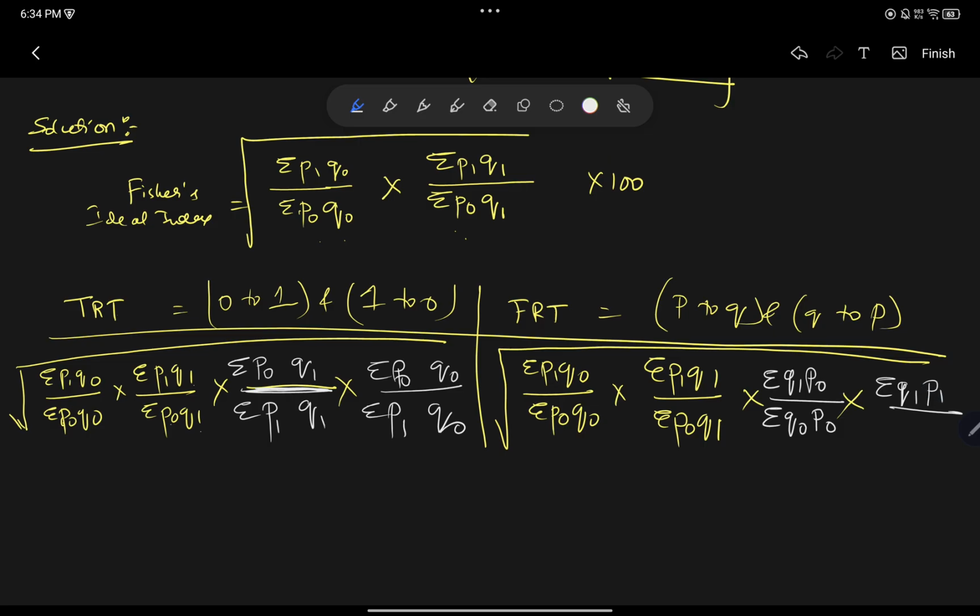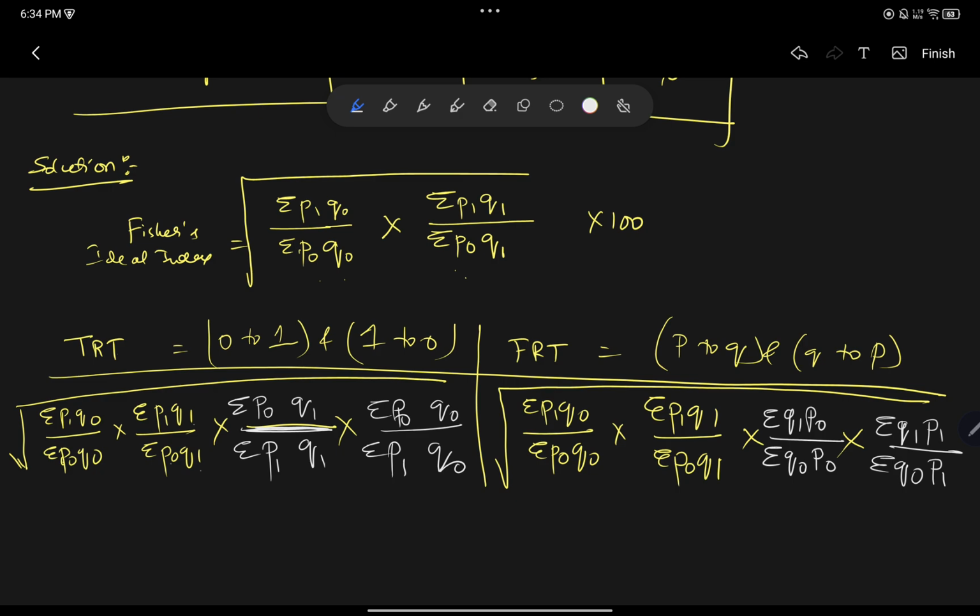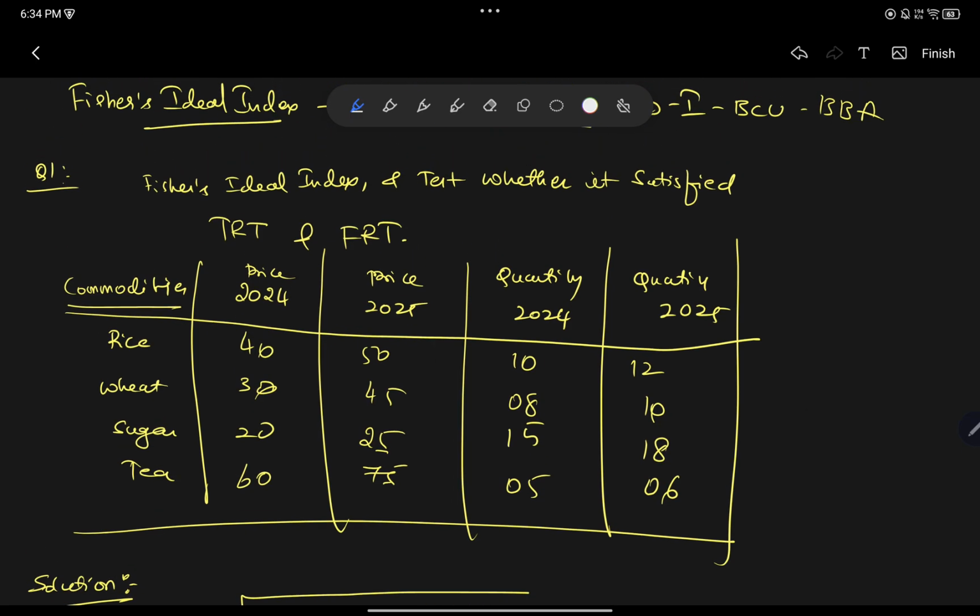Q1 is P1. Summation of P0 is Q0. Q1 is P1. So this is the formula. So now you have all the three formulas: Fisher's ideal index formula, TRT formula, FRT formula. Using these three formulas, you need to calculate this.